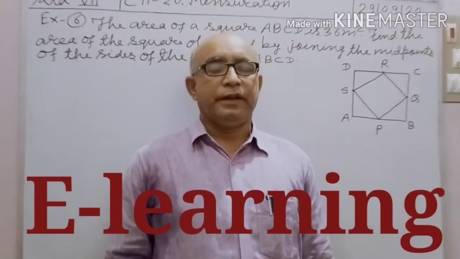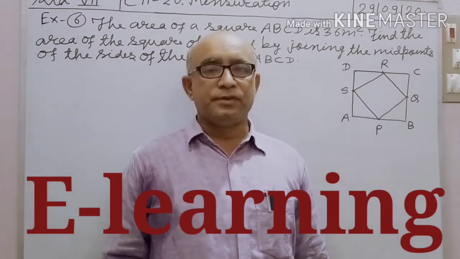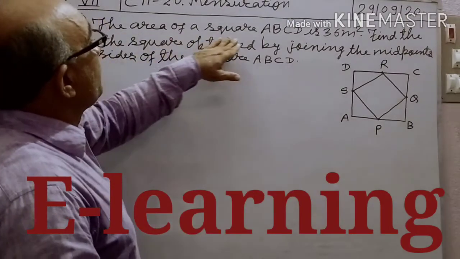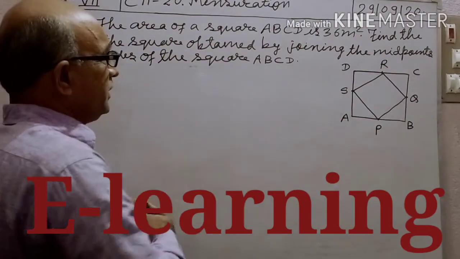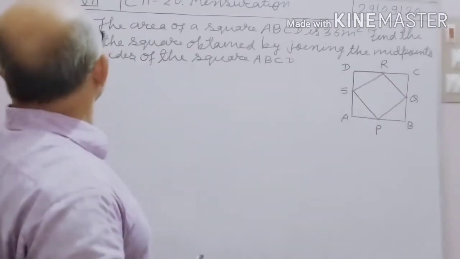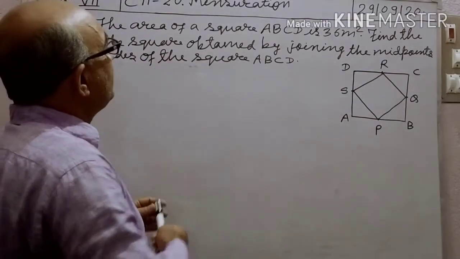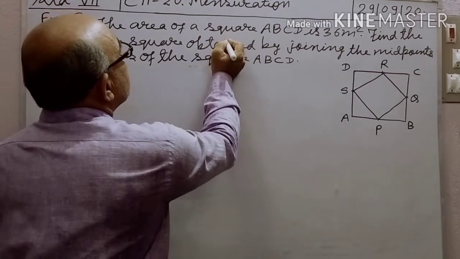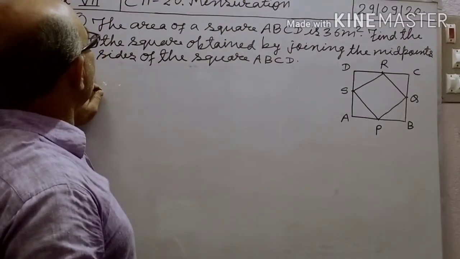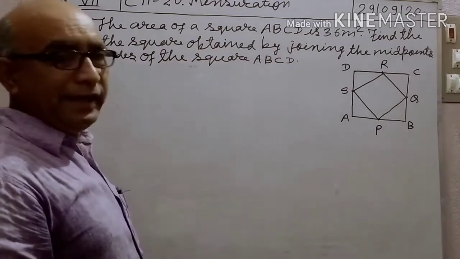Students, next question is question number 6. In this question, the area of a square ABCD is 36 meter square. Find the area of the square obtained by joining the midpoints of the sides of the square ABCD.